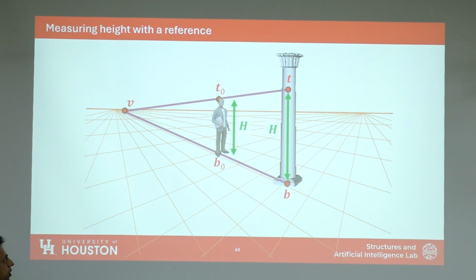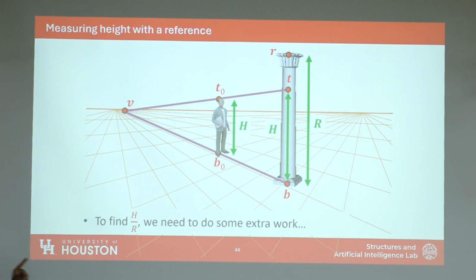So now I have this man's height here, and then using R, which is the top of the column, I can find out what capital R is, because capital H over capital R is going to be equal to R minus B times R minus B over T minus B, right?